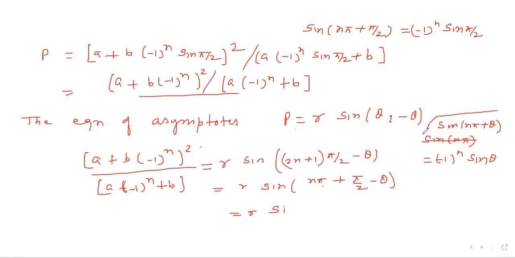So this formula we can apply here. So this will become minus 1 power n times r sine pi by 2 minus theta. And we know sine pi by 2 minus theta is cos theta. So our next step will be minus 1 power n r cos theta, which is the required result.